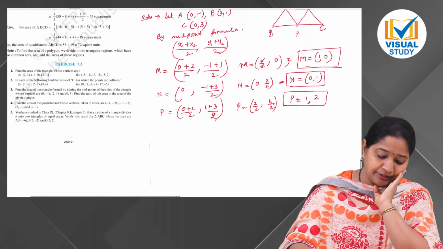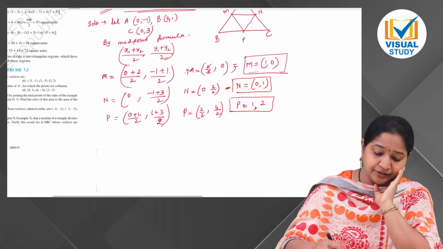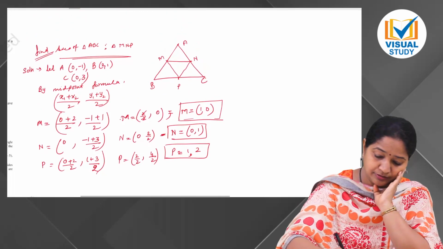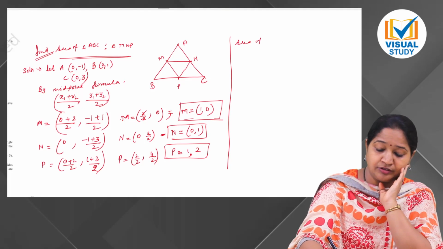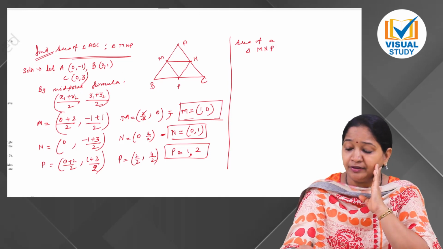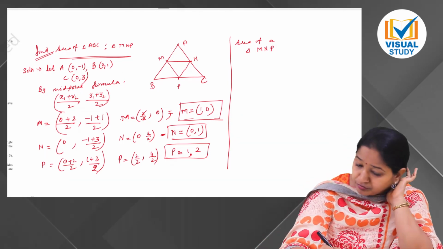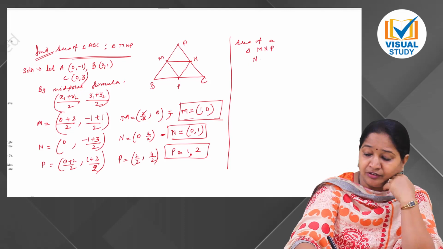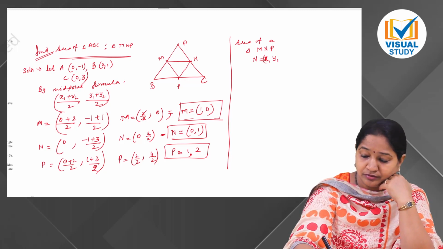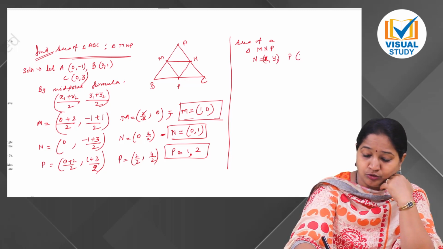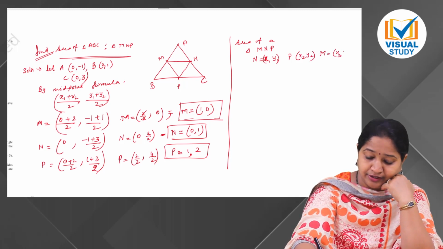Area of the triangle MNP. How are you going to find it? I'll write it here. Find the area of a triangle MNP. I have taken N is equal to (x1, y1), P is equal to (x2, y2) and M is equal to (x3, y3).